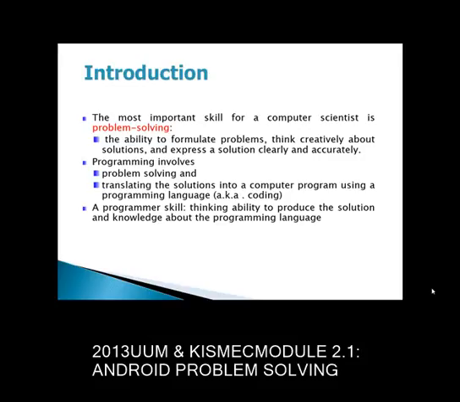Any programming language needs the ability to turn problems into a computable solution. As a programmer or as a system analyst, the ability to think, to turn problems into solutions and into computable solutions is very important.